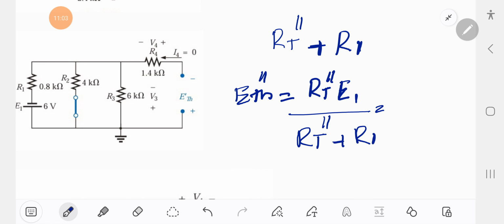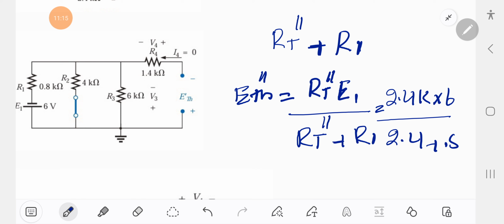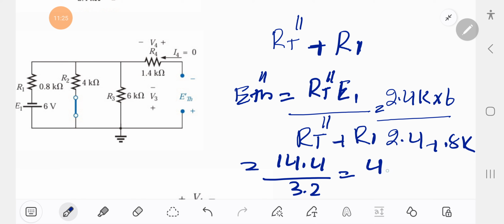When we solve all this equation, it is actually equal to 14.4 over 3.2. When we divide this, it is actually equal to 4.5 volt.